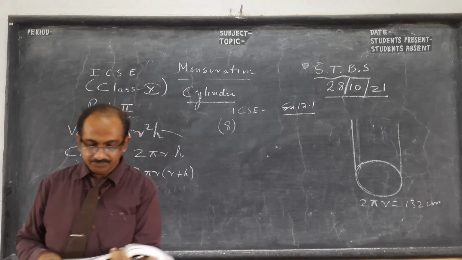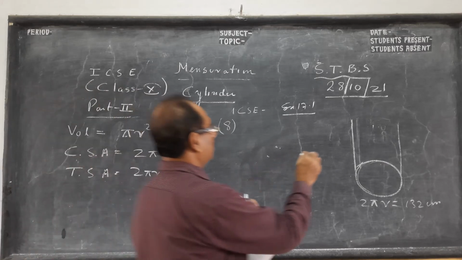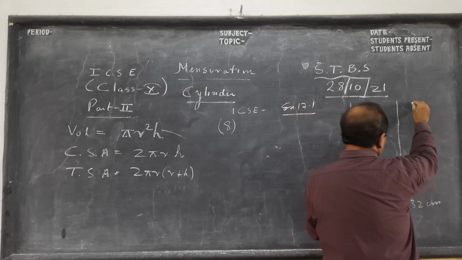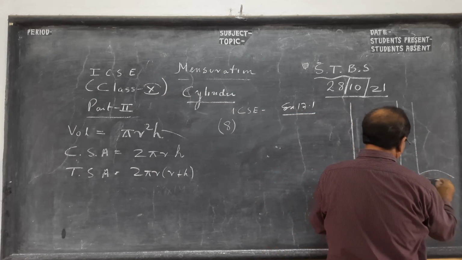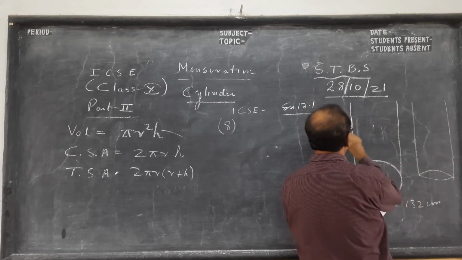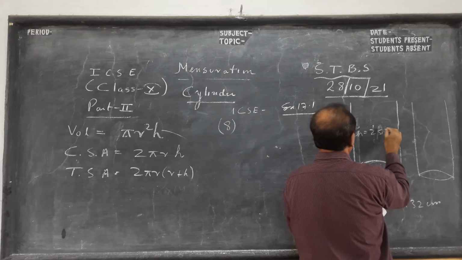What is given is the height of the cylinder is 25 centimeter. See, purposely I am drawing like this. Actually when you draw, the cylinder looks like this, but purposely I am trying to show you it's a circle. Height is 25 centimeter.